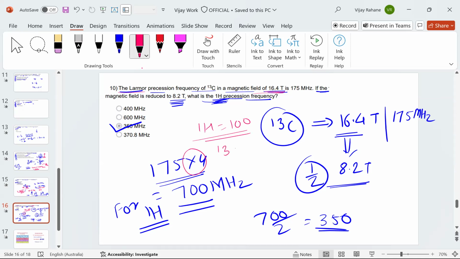Also for 13C, how much is it? You can just Google it. Sir, the natural abundance of 13C is very less. Yeah, so that's why we need a longer time for 13C. Anyway, that's not to do with this one.